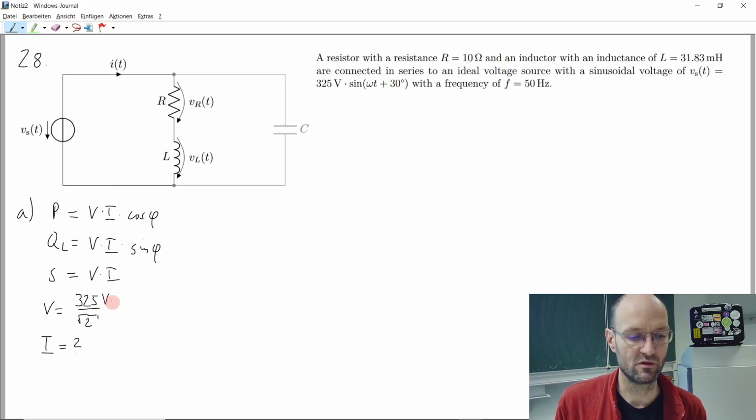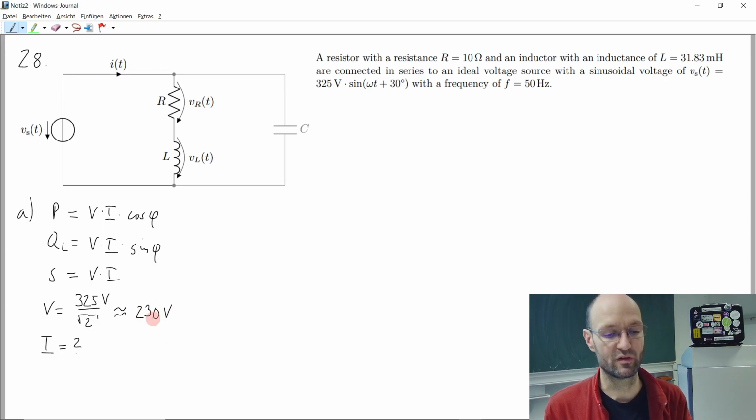And you can use a calculator, or you just know, because we discussed this before, this is the peak value or the amplitude of our mains grid voltage, and if we divide this by square root of 2, we get the RMS value of our mains grid voltage, and that is around 230 volts.